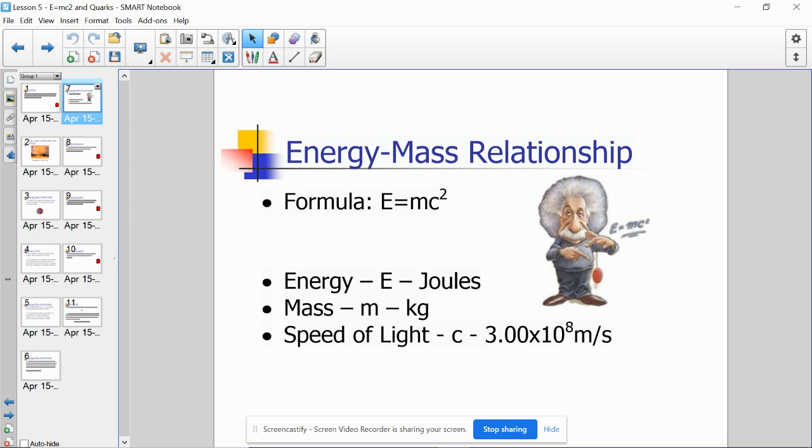If you get 1 kilogram and multiply it by 3 times 10 to the 8 squared, that becomes 9 times 10 to the 16. So 1 kilogram of mass produces 9 times 10 to the 16 joules of energy. That's unbelievable. When we think about nuclear facilities, with the most minimal amount of nuclear material, we can produce a tremendous amount of energy.